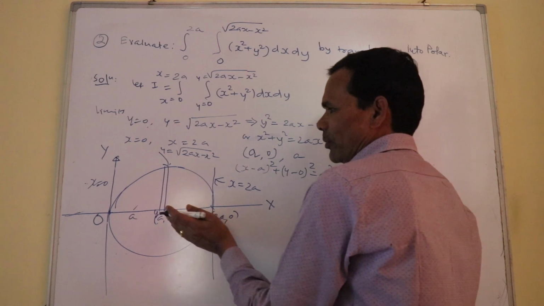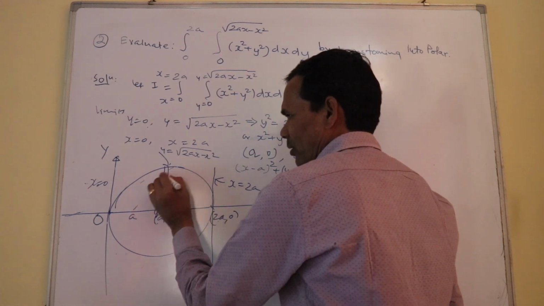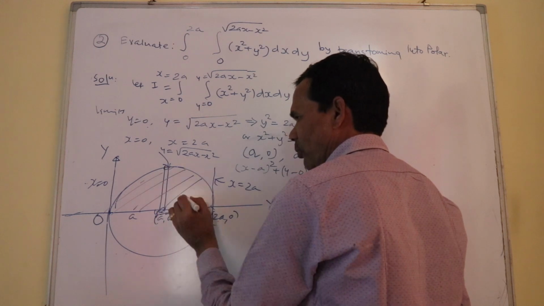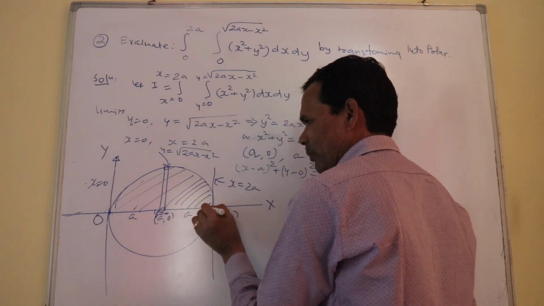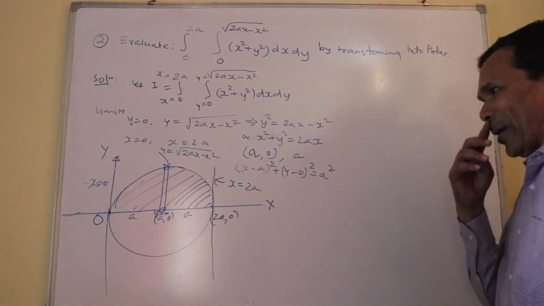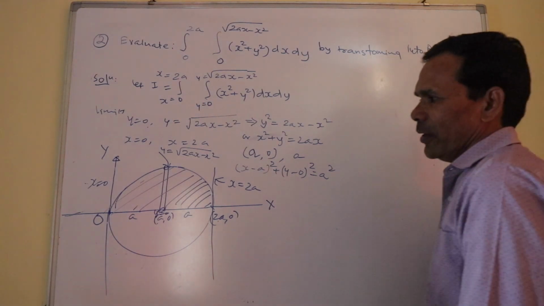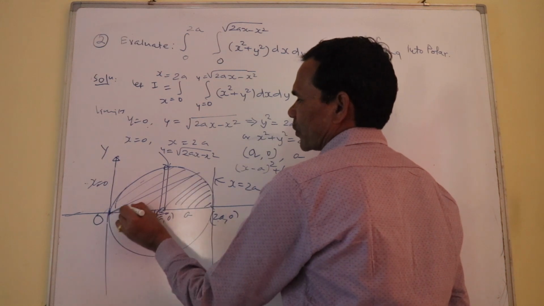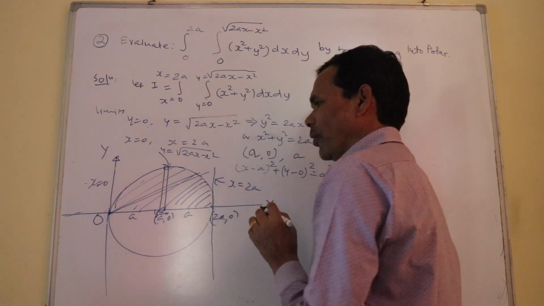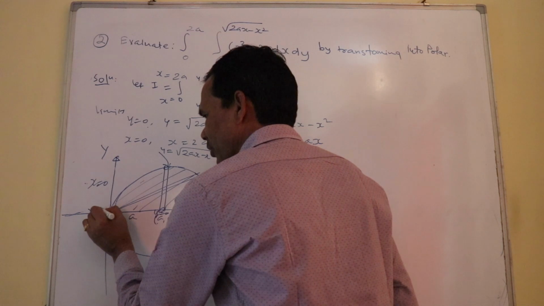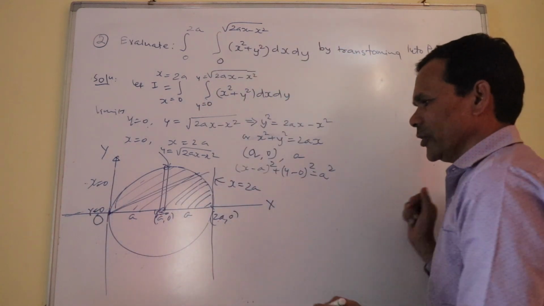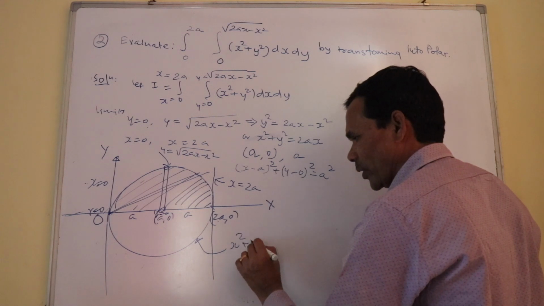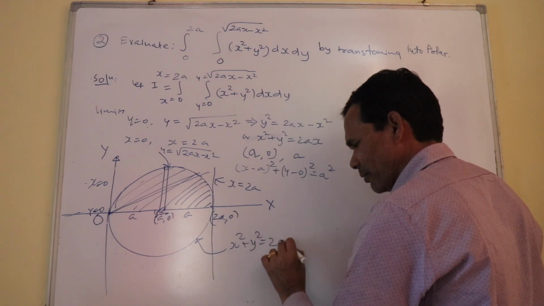So we have to transform this. So this is the region of integration, from this particular point to this point, and this strip moves from x is equal to 0 to x is equal to 2a. Now to transform into polar, we take the strip always from the pole, where r is always equal to 0. So this is the boundary, x square plus y square is equal to 2ax, the equation of the circle.